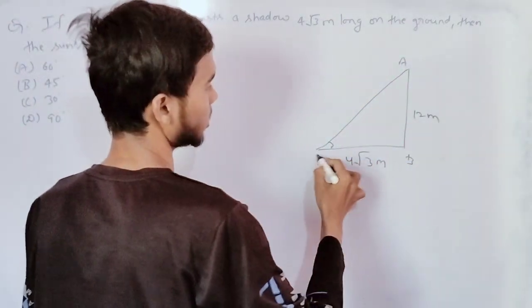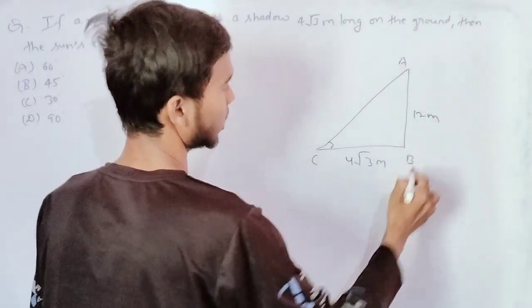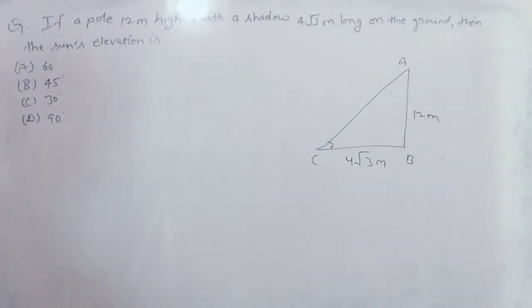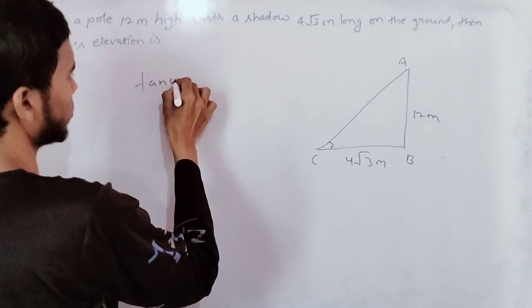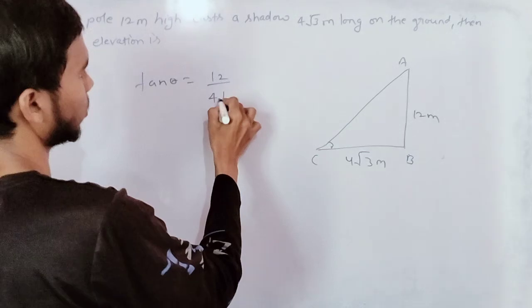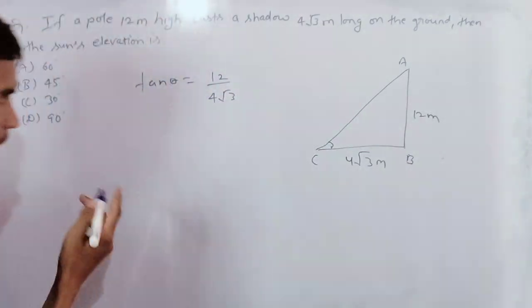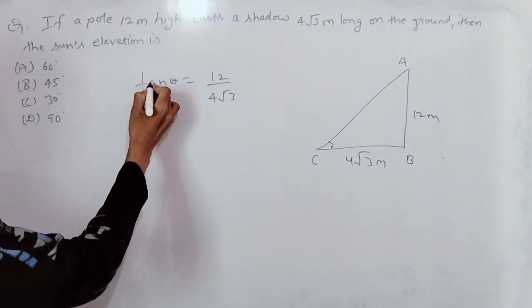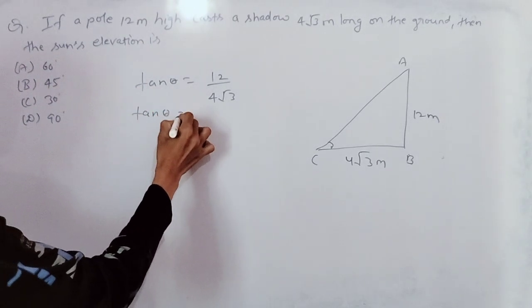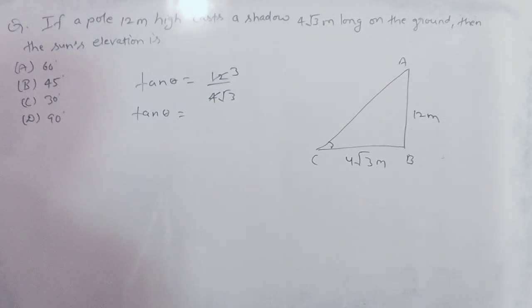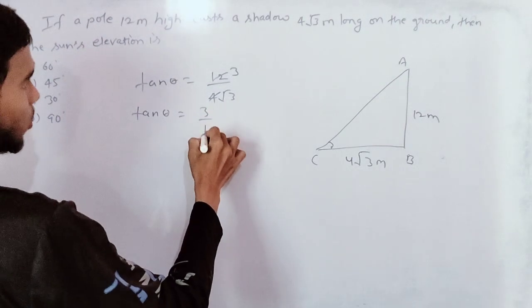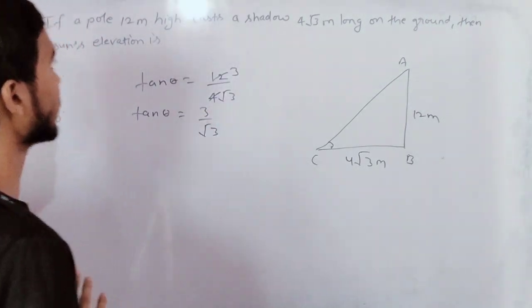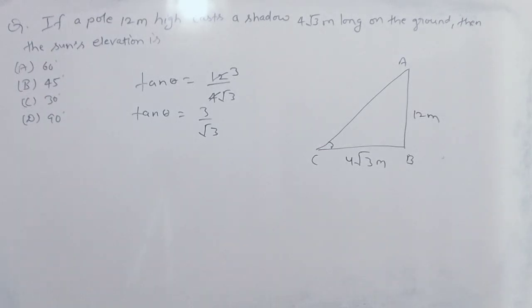A, B, C, where AB is the pole and BC is the shadow of the pole. Now we can easily find 12 upon 4 root 3. As you know, according to this data, this upon this is the ratio of tan. So 3 upon root 3. We have to find the sun's elevation.